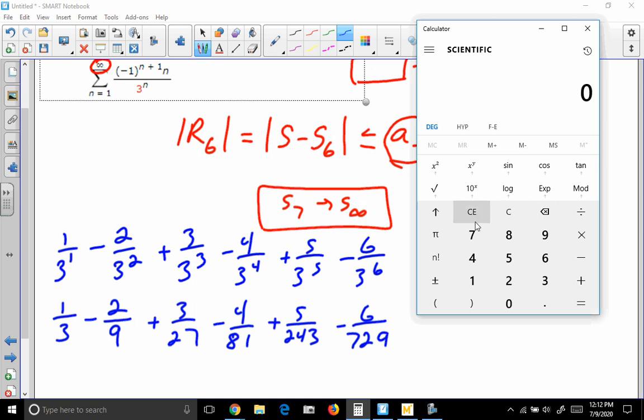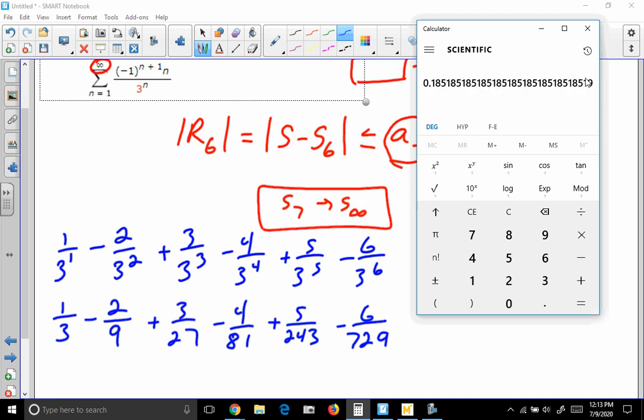Let me start over. So 1/3 minus parenthesis 2 over 9. Put it in parentheses to make sure that what we're taking away is the result of 2 divided by 9. Then plus parentheses 3 over 27. And then minus the result of 4 over 81. And then plus the result of 5 over 243. And then minus the result of 6 over 729.